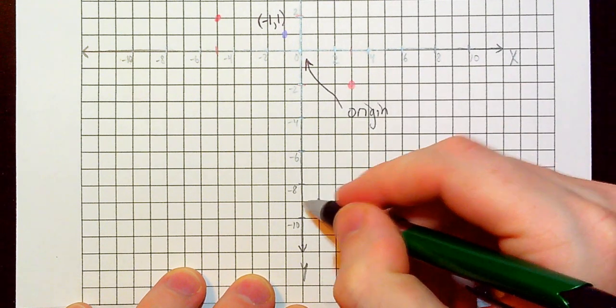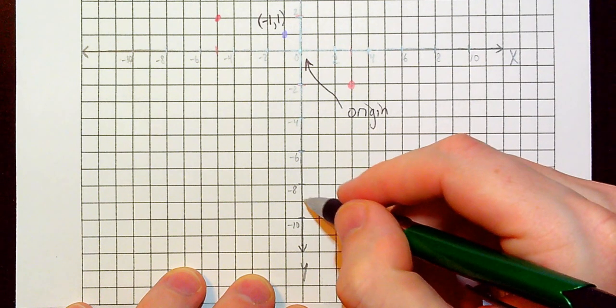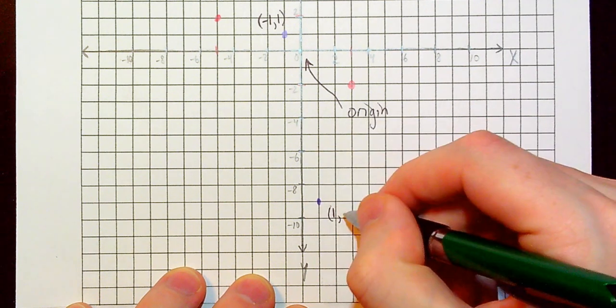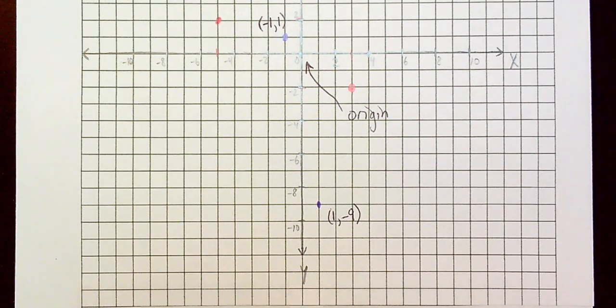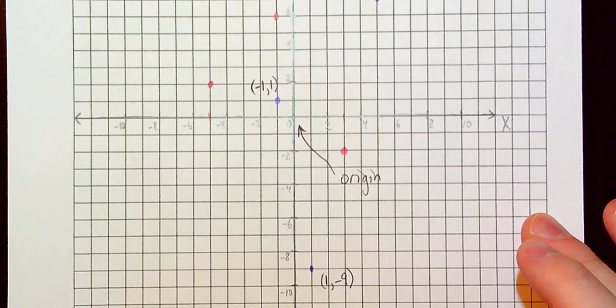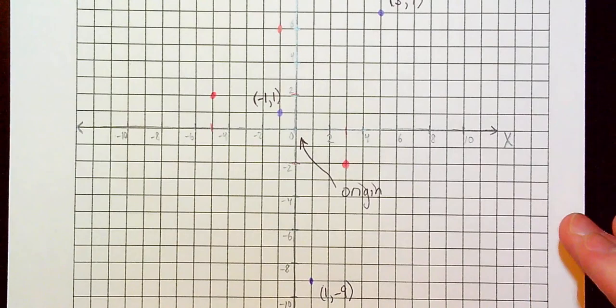And then go horizontal to where this hits the y-axis, between negative 8 and negative 10, or negative 9. So there we go. We found the coordinates of a given point, and we also know how to plot points on the coordinate plane if we're given the specific x and y coordinates for those points.